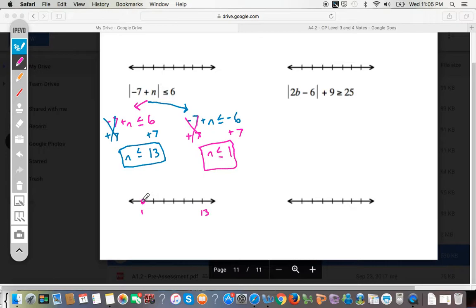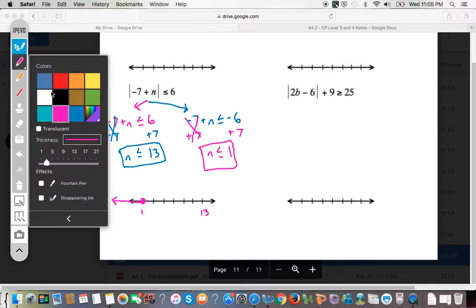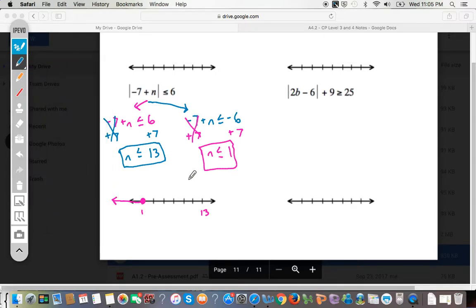So I know that's a closed circle, and I'm heading that way. I also have n is less than or equal to 13. So another closed circle at 13. Going right through here, right through 1, and on my way down the number line towards the negative numbers. So this is my solution.